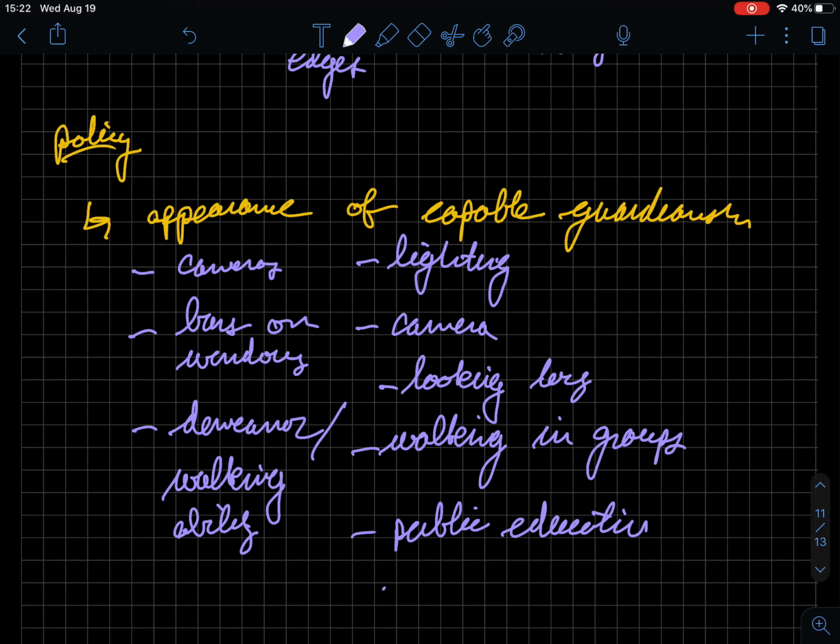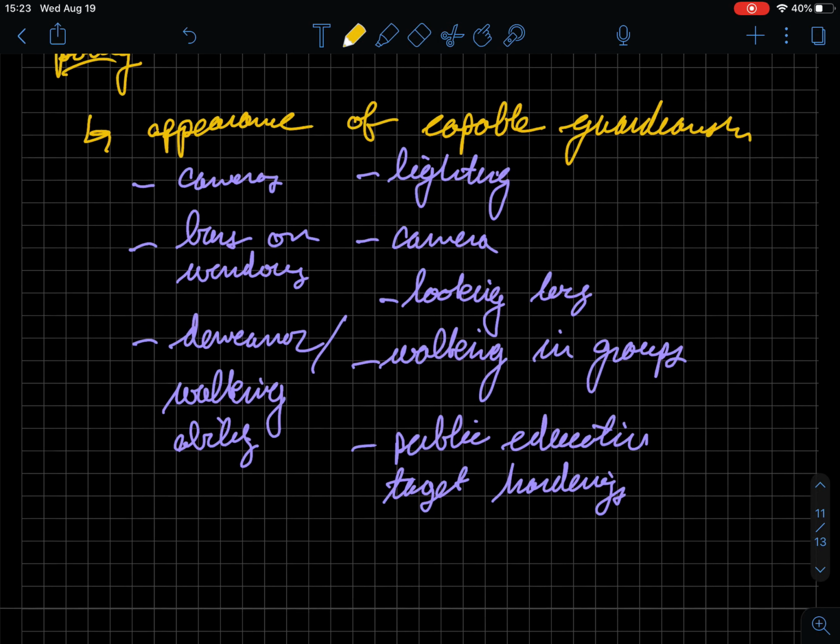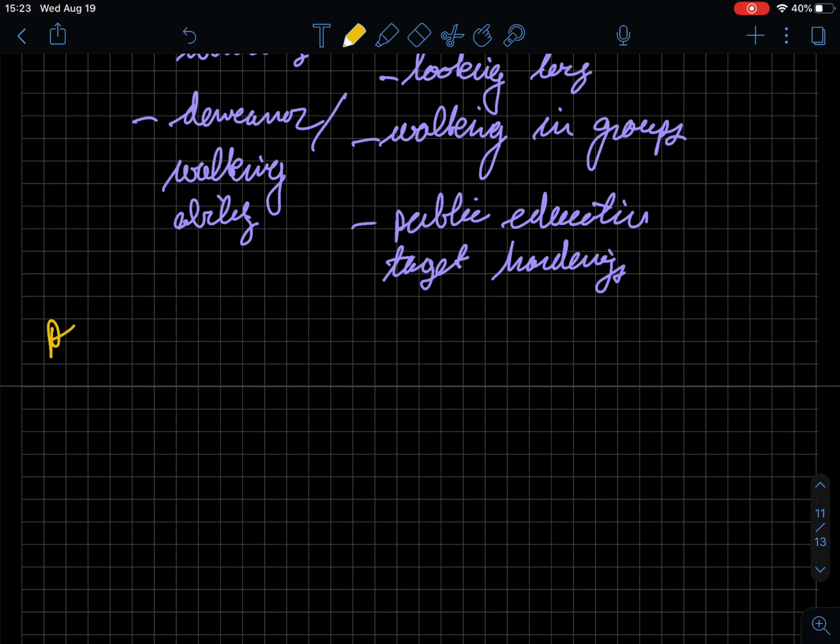That's a public education effort to target harden and to reduce the appearance of a suitable target. And if you lock your car, then you're increasing capable guardianship. So all of these things mean there are quite a few policy implications that come from routine activities theory. So it's very useful in that sense.